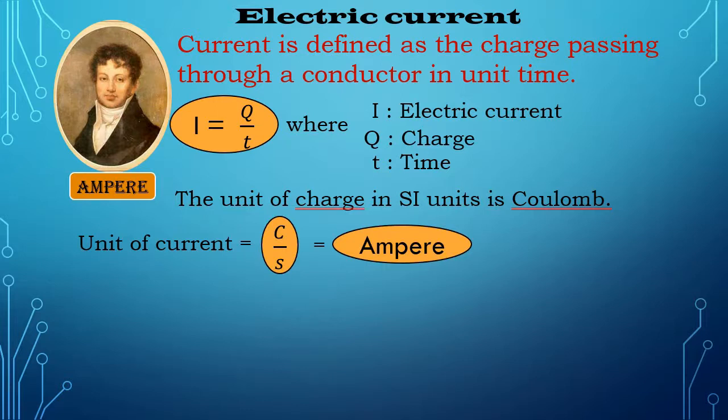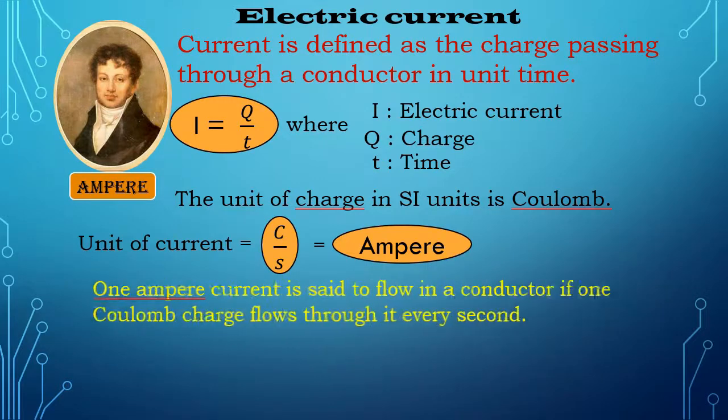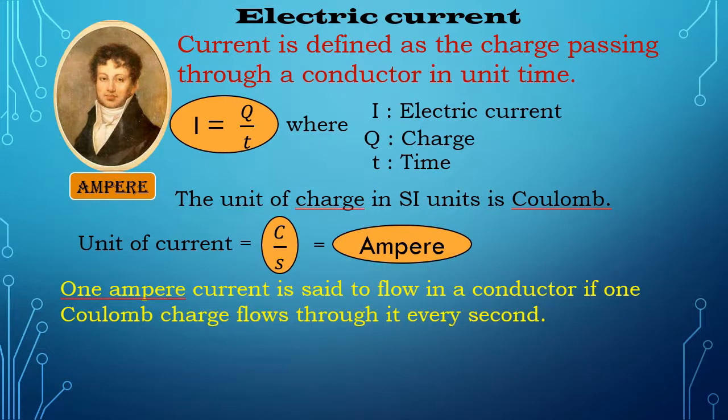The unit of current is called ampere in recognition of his great work. 1 ampere current is said to flow in a conductor if 1 coulomb of charge flows through it every second. Therefore, 1 ampere is equal to 1 coulomb per 1 second.